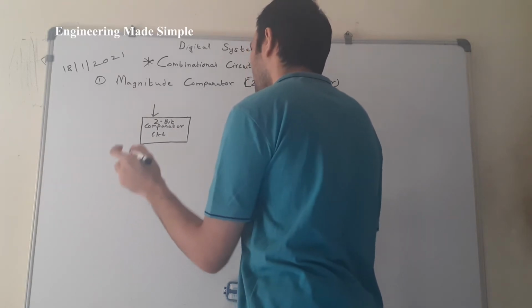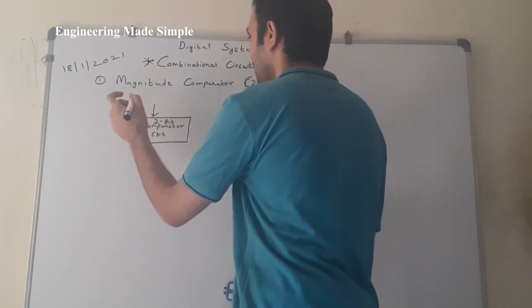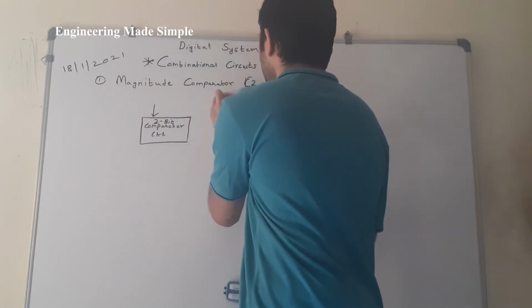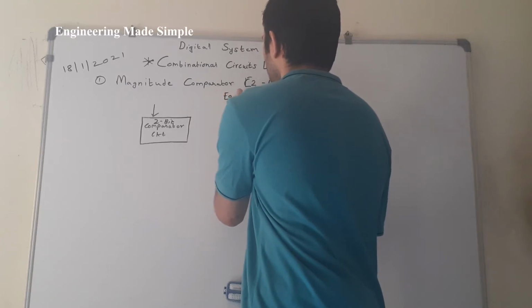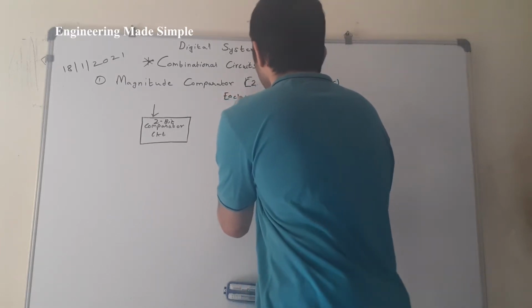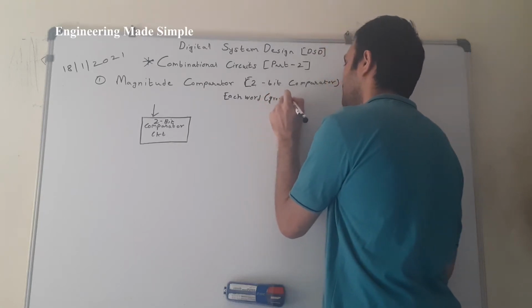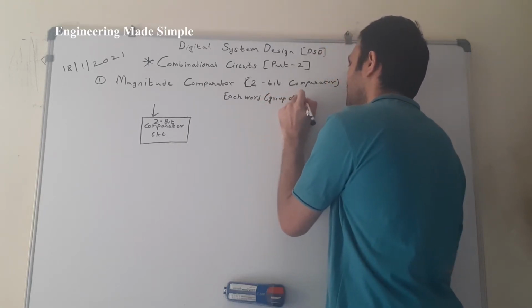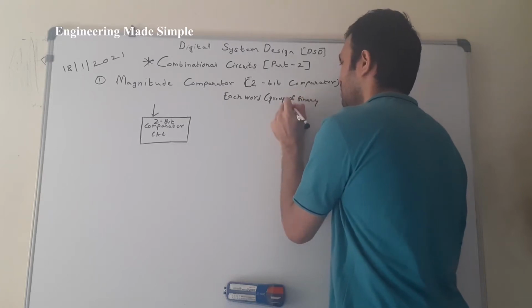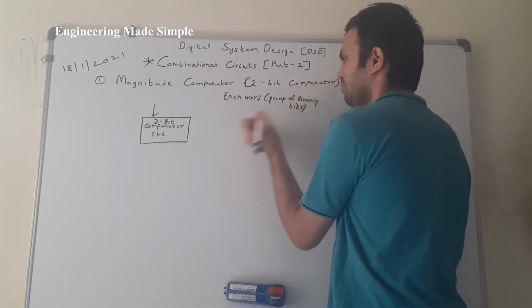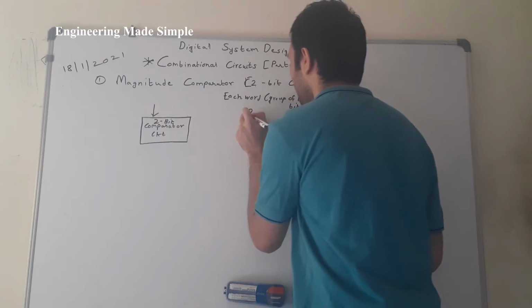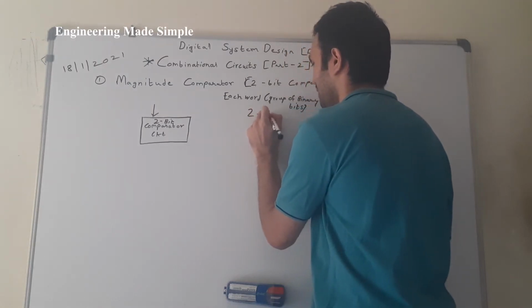In the generalized block diagram we saw it is word A and word B. Now each word is a group of binary bits. Each word is here 2 bits long because we are studying a 2-bit comparator.